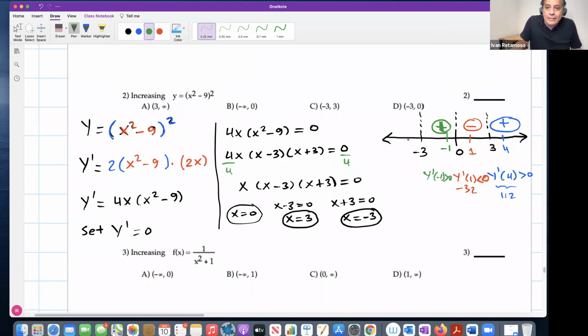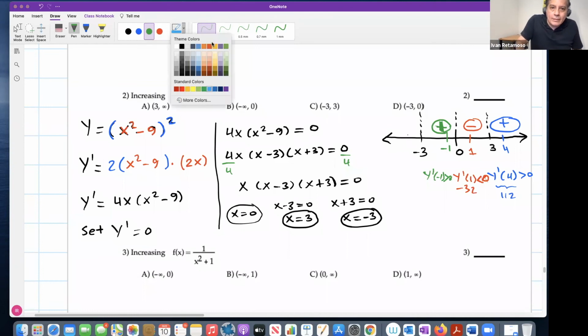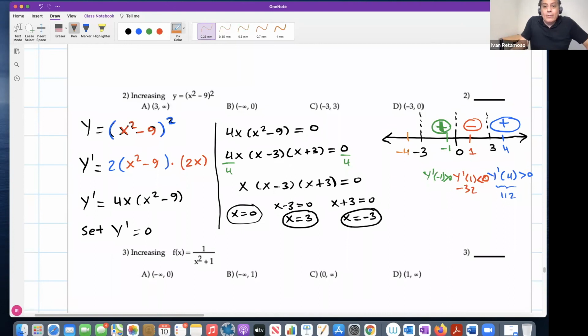And finally, this one, I choose cleverly again, negative 4. Let's say negative 4, that's past the critical point. When I do the evaluation, this will be the same as evaluating 4, but since it's negative, this will make it negative, so minus 112, right? This evaluation, y prime at negative 4, is negative. So this is negative.